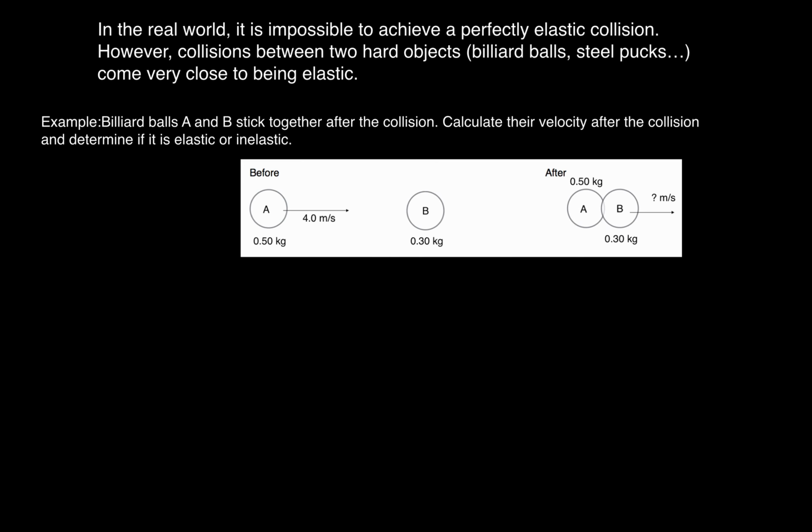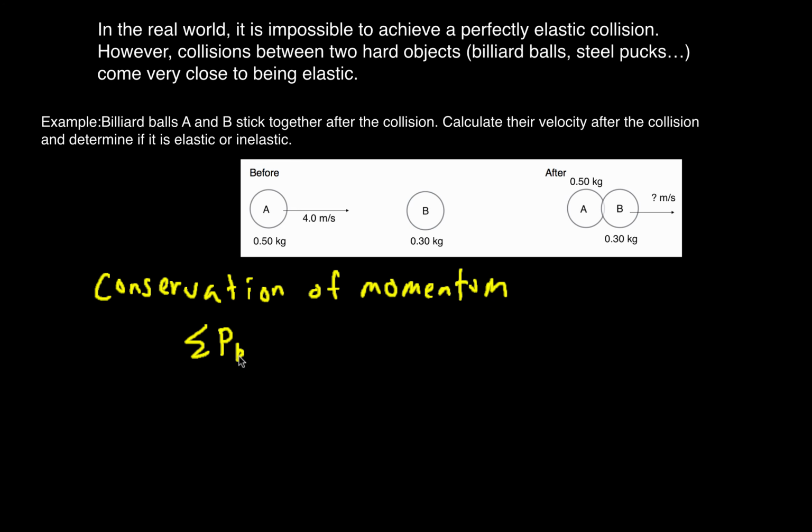We're going to start by using conservation of momentum to determine their velocity after the collision. Conservation of momentum says the sum of the momenta before the collision equals the sum of the momenta after the collision, or momentum of ball A before plus momentum of ball B before equals the momentum of the two combined balls, momentum AB, after the collision.